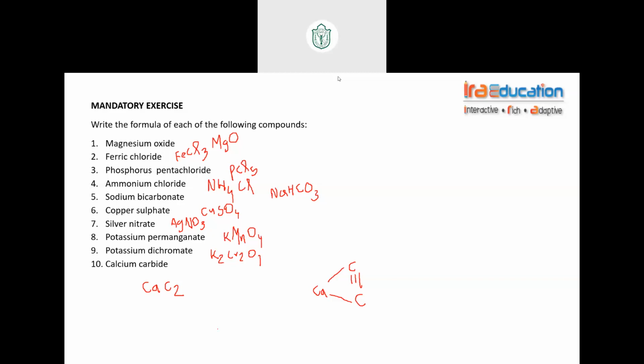Very good. Next, ferric. What's the oxidation number of iron? +3, that's it. Phosphorus pentachloride, I asked for phosphorus. +5, correct. Next, ammonium chloride, I'm asking for the nitrogen element. See how to do this one.